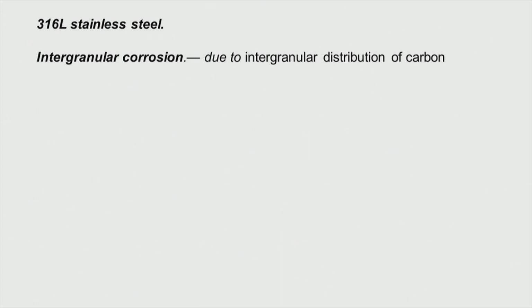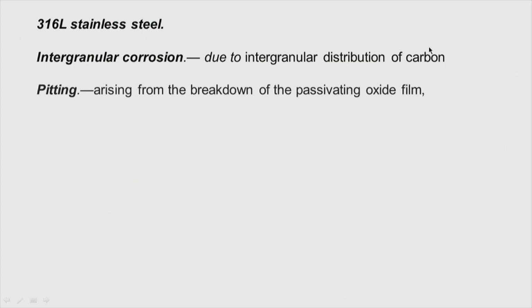316L is cheap, it is very ubiquitous, it is used quite a lot in orthopedics, but then it can go into corrosion, a serious problem. Intergranular corrosion, because carbon is also present, and the heterogeneous carbon present can lead to corrosion. Pitting arising from the breakdown of the oxide layer.